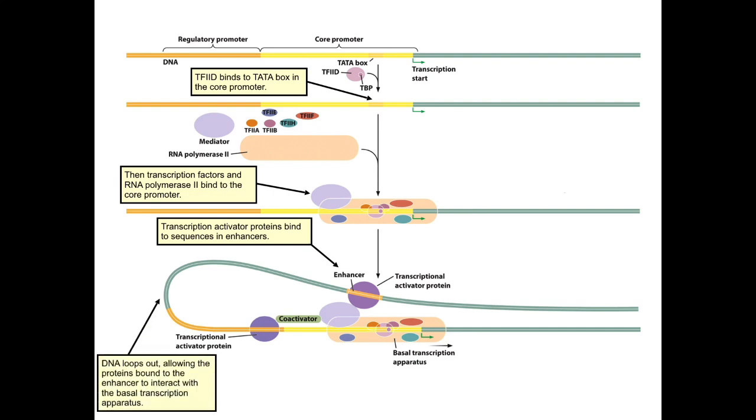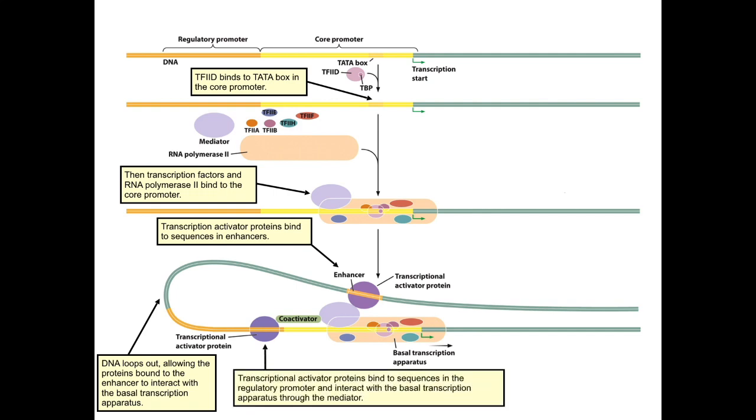The DNA loops out, allowing the proteins that are bound to the enhancer to interact with the basal transcription apparatus. Transcriptional activator proteins bind to sequences in the regulatory promoter and interact with the basal transcription apparatus through the mediator. So as you can see, eukaryotic transcription involves many more components.